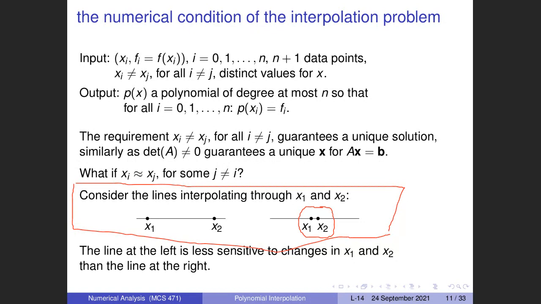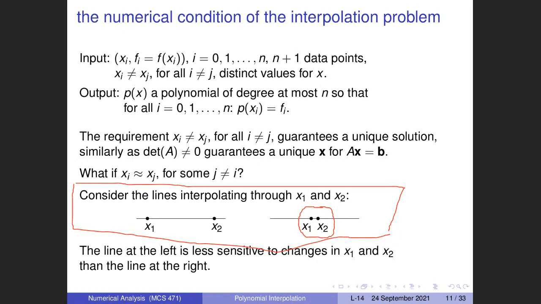So at the left, in the well-separated case, if you make small changes to x1 and x2, your line will move a little bit up or down. If you make little changes to x1, x2 at the right, then the slope of the line will actually change dramatically.